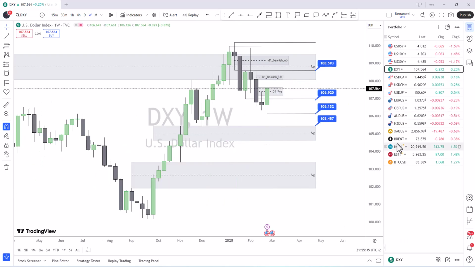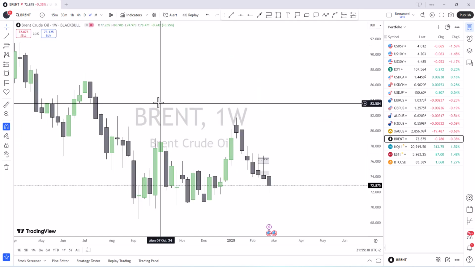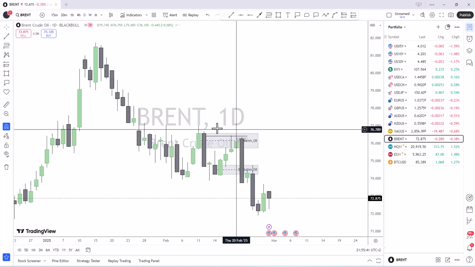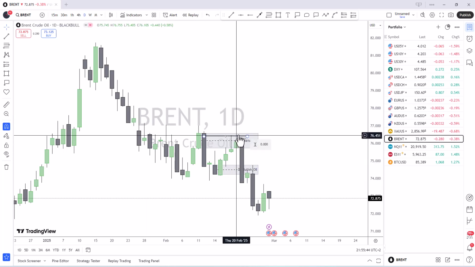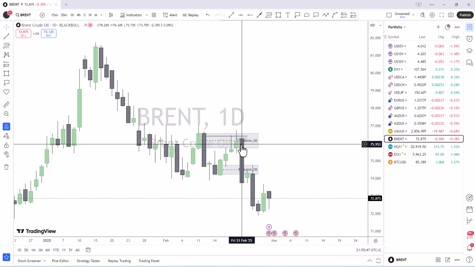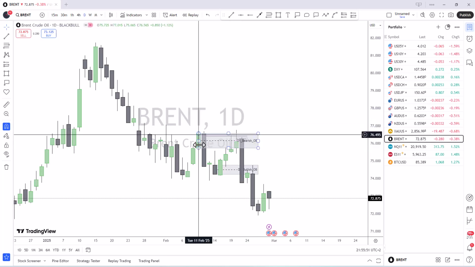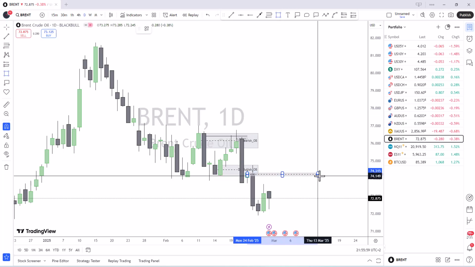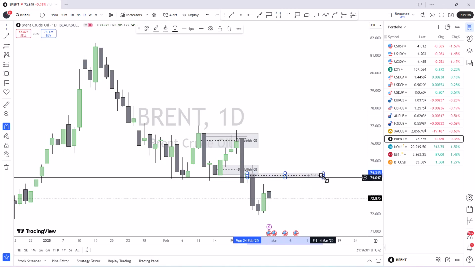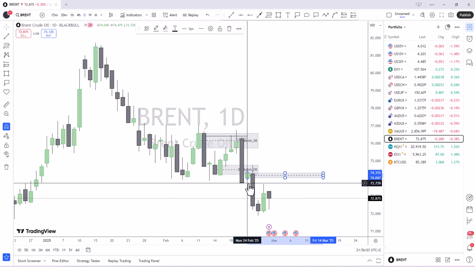And there's one asset I just want to browse through quickly with you guys, and that's Brent. Shorting opportunities are ideal from fair value. Remember, we already took this big candle on February 21st, I think 2 weeks ago. That was a nice trade from premium, the daily bearish order block. So we now also have this one here, our daily bearish order block.